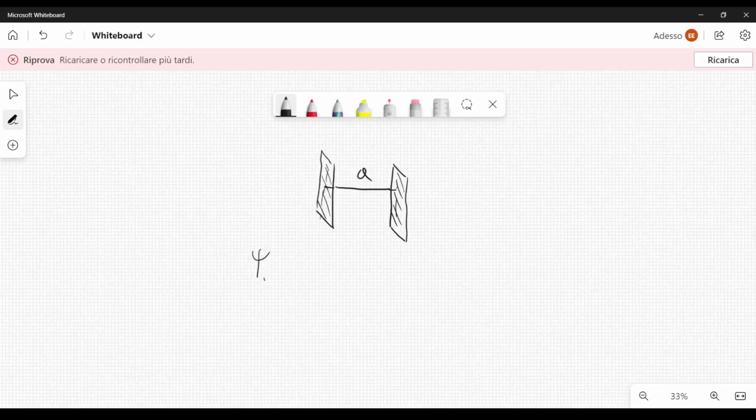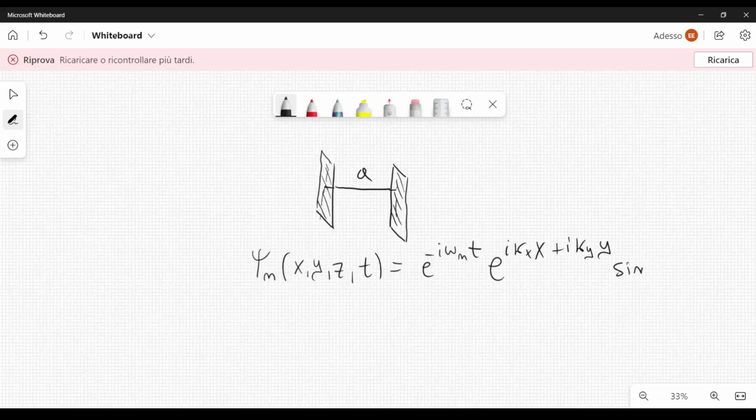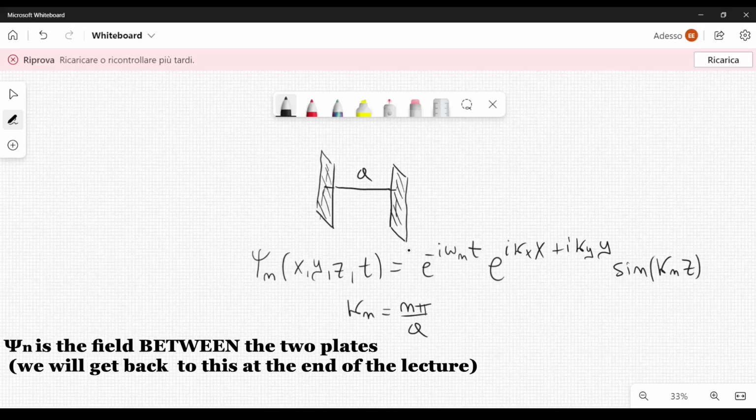So psi sub n, and then I will explain a little bit more what psi sub n is, of x, y, z, and t, we can write in this form: e to the minus i omega_n t, e to the i kx x plus i ky y, times the sine of kn z, where kn is simply n pi over a. n is an integer, a is the distance between the two plates, and psi stands for the electric component of the electromagnetic field.